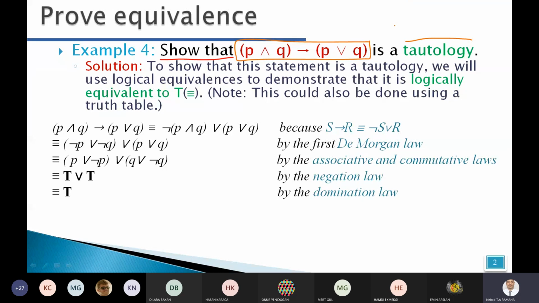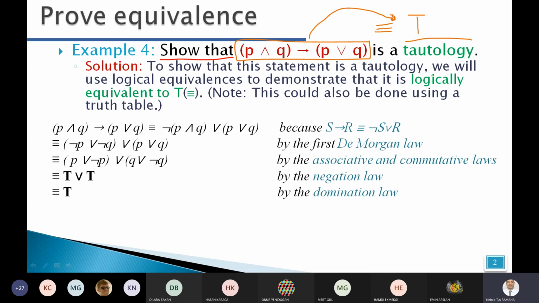Or in other terms, I need to prove that this proposition is logically equivalent to true. So if I start from this proposition, I need to reach true. Good. I'm happy that many of you focus with us and answer.